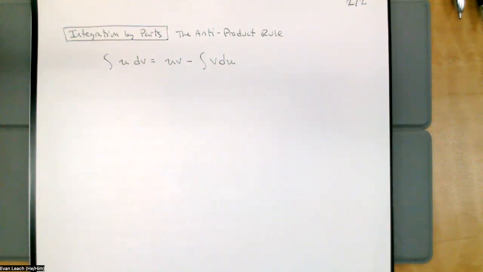Notice that there are 4 parts: u and du, v and dv.